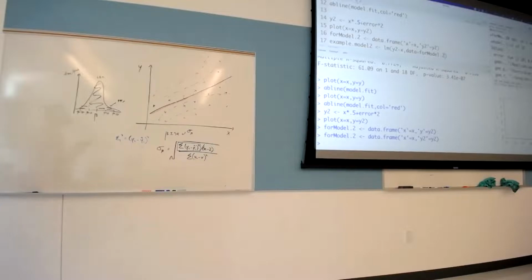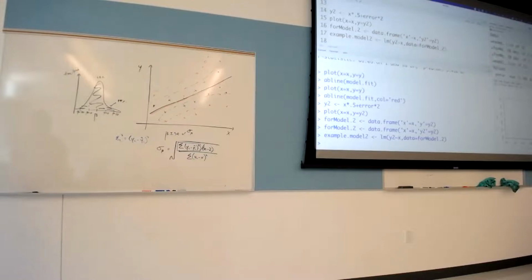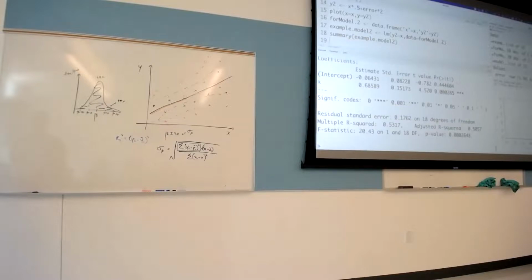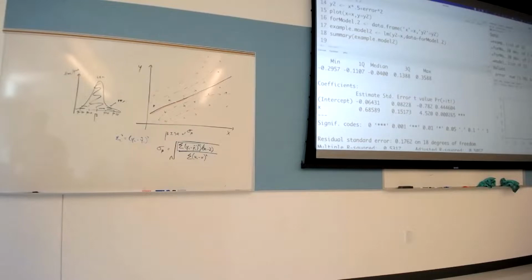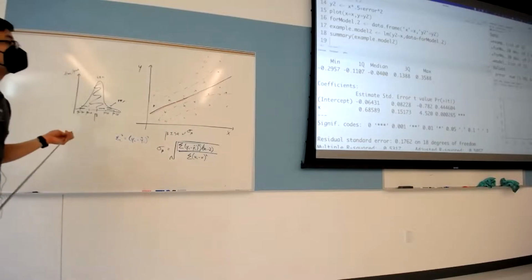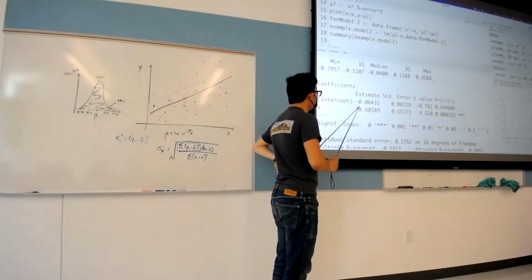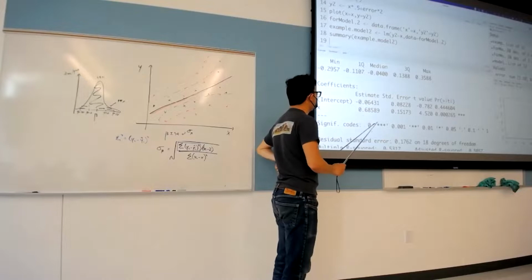Okay, so we're going to run a linear model on this thing where we've dispersed the y's a little bit more. And let's see what this model tells us. Summary of example model 2. Okay, so here we can see that my estimate has changed a little bit.